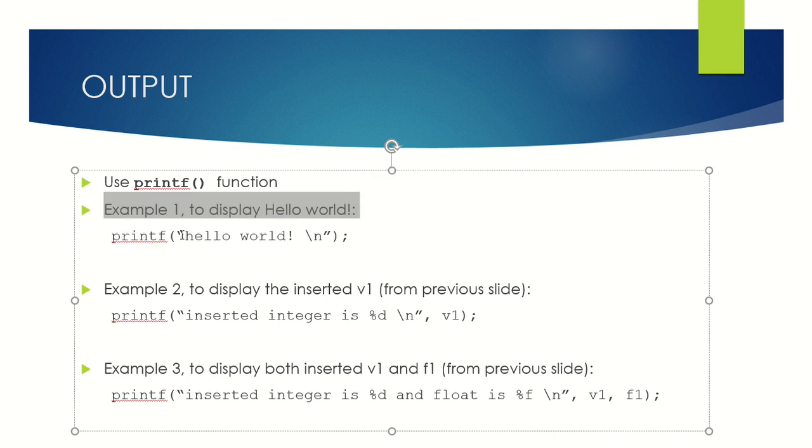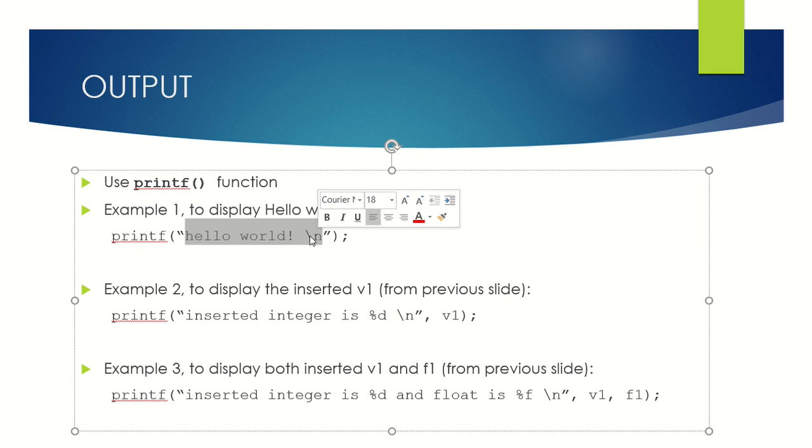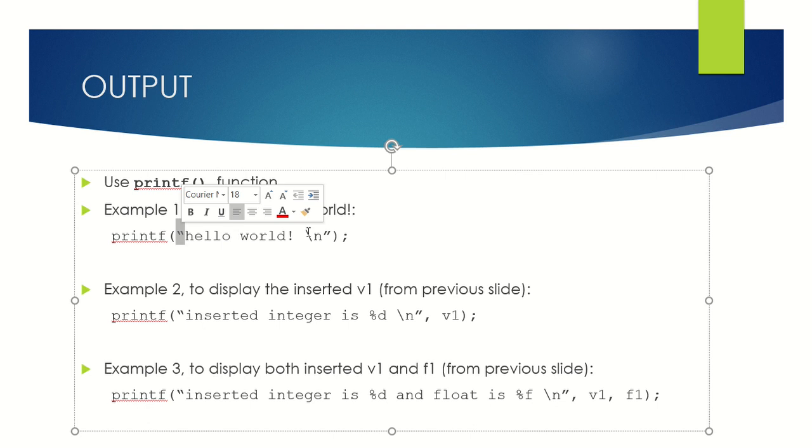So we use printf hello world. Okay, so any text messages yang kita nak display mesti ditulis di dalam antara dua double quote ni lah. Okay, so maksudnya anything between these two double quote, dia akan display ataupun dia akan dipaparkan di output.